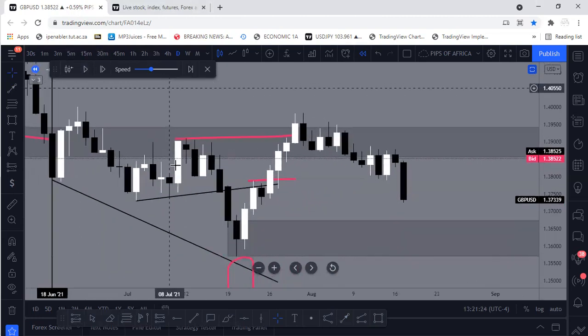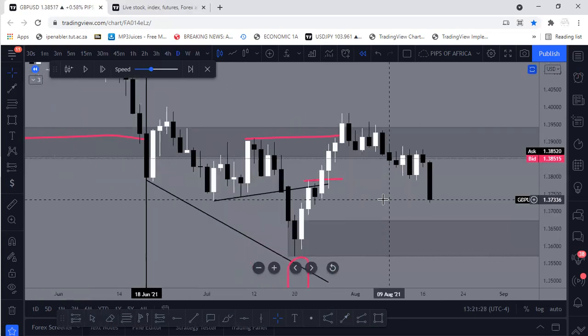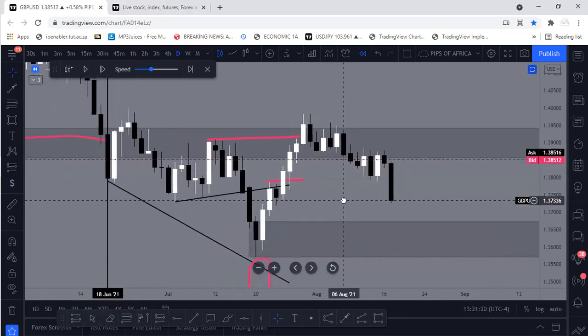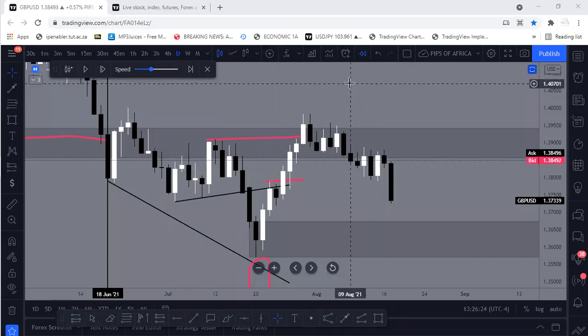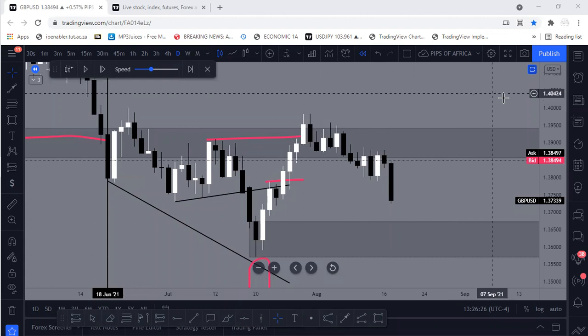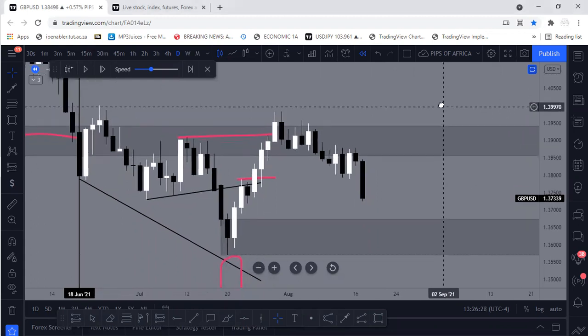So I saw this when the market was still here. All right, guys, we're left with 5 minutes to finish off this thing. So now I saw the price.